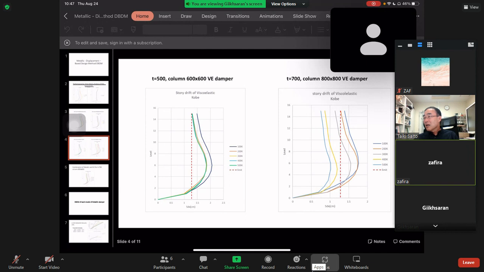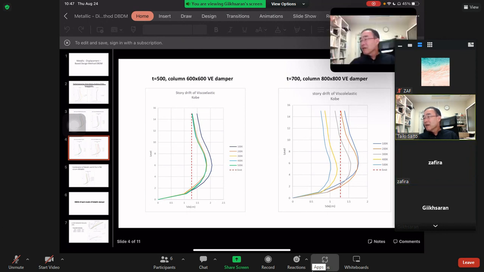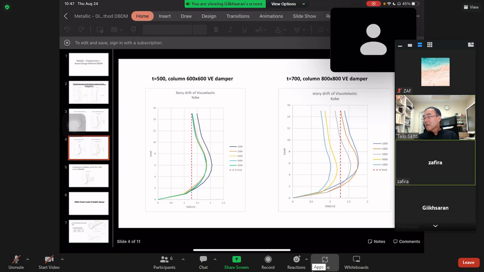So 700 thickness has more ductility in the wall, and as the coefficient damping of the damper increases, I think the damper is more likely workable in the 700 thickness compared to 500 thickness. But why is the result so different on the right side? There are five lines, but it's wider. Why?